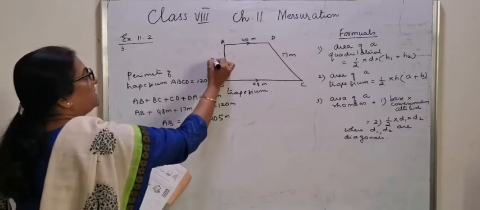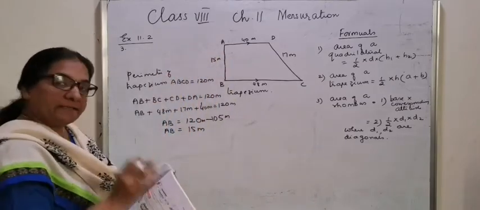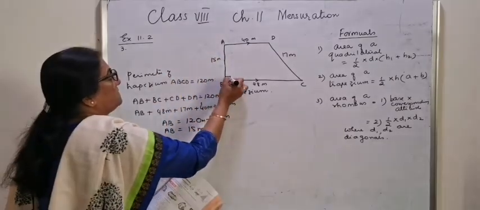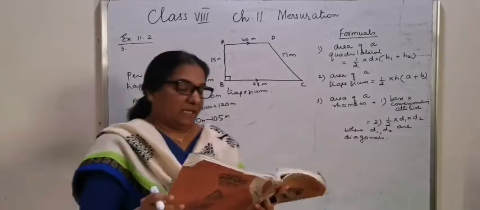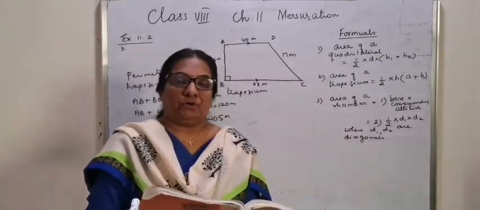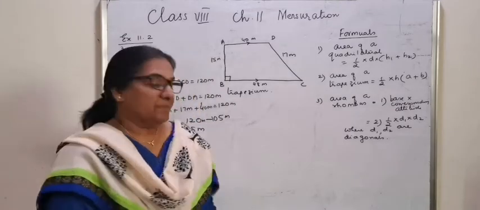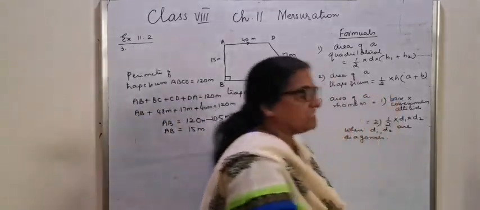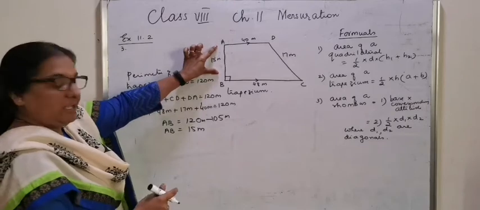The length of AB is 15 meter. At the same time, it is said in the question that AB is an altitude, or AB is perpendicular. We can use the height of the trapezium as the length of AB.